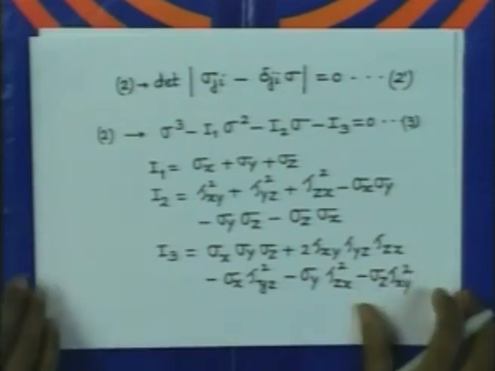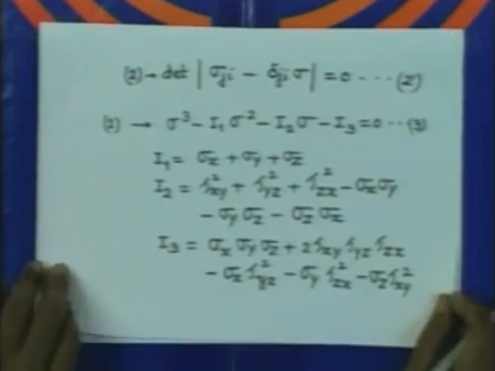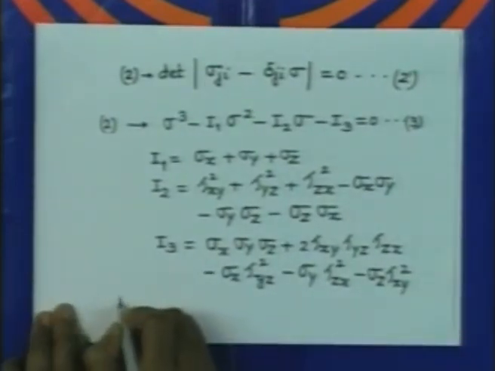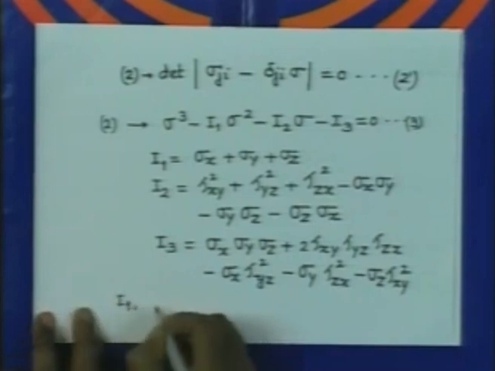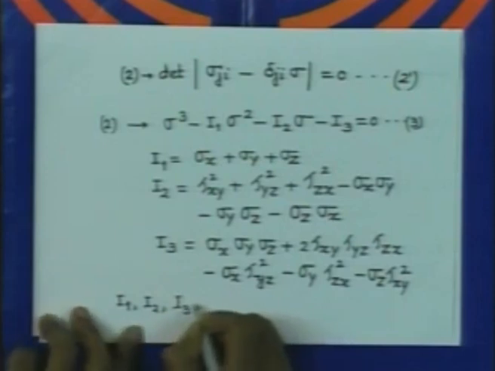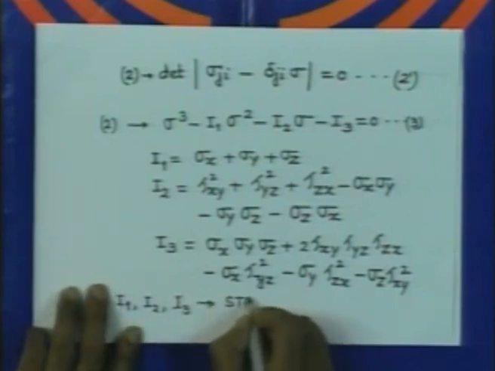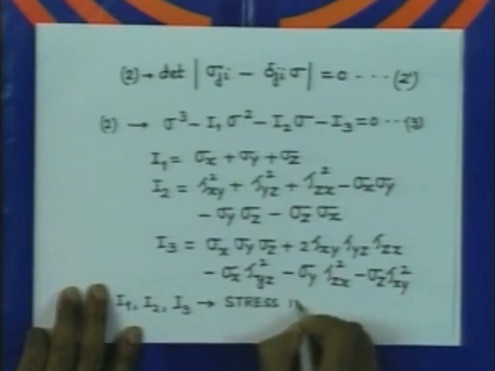So these are the coefficients. These are called stress invariants. I1, I2, I3 are known as stress invariants.